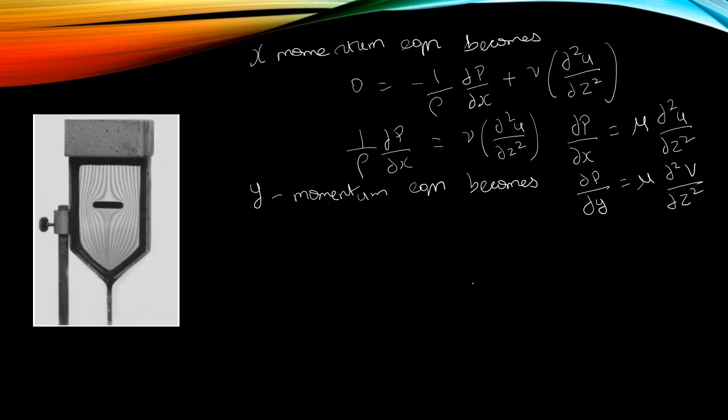So how does mu come? It is nothing but mu divided by rho, that is dynamic viscosity by density. So kinematic viscosity is nothing but mu by rho. By this relation mu is coming here. So this will be your equation 1 and equation 2.